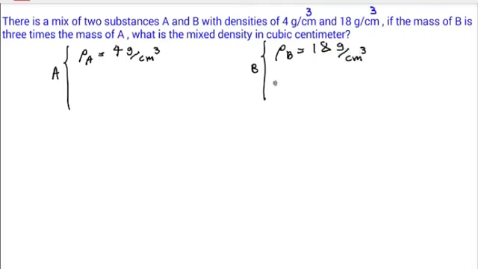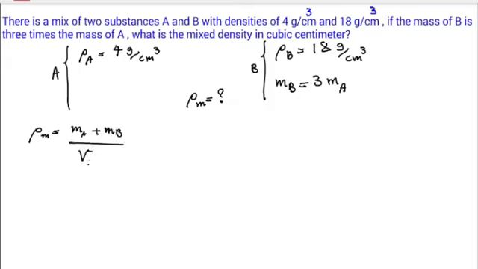So the mass of B is 3 times the mass of A, and the question is asking us to find the mixed density. What is the mixed density? So we should use the mixed density equation again. We know that the mixed density is equal to M of A plus M of B over V of A plus V of B.